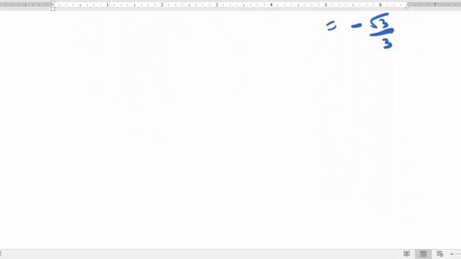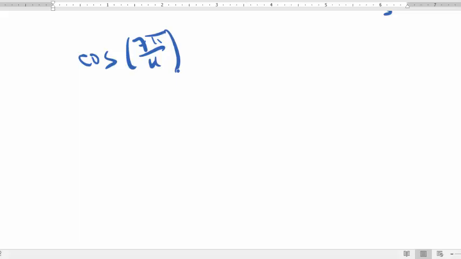And then maybe let's look at one more here. Let's say we were going to do the cosine of 7 pi over 4. All right, well, 7 pi over 4 is in the fourth quadrant. So this is 7 pi over 4.